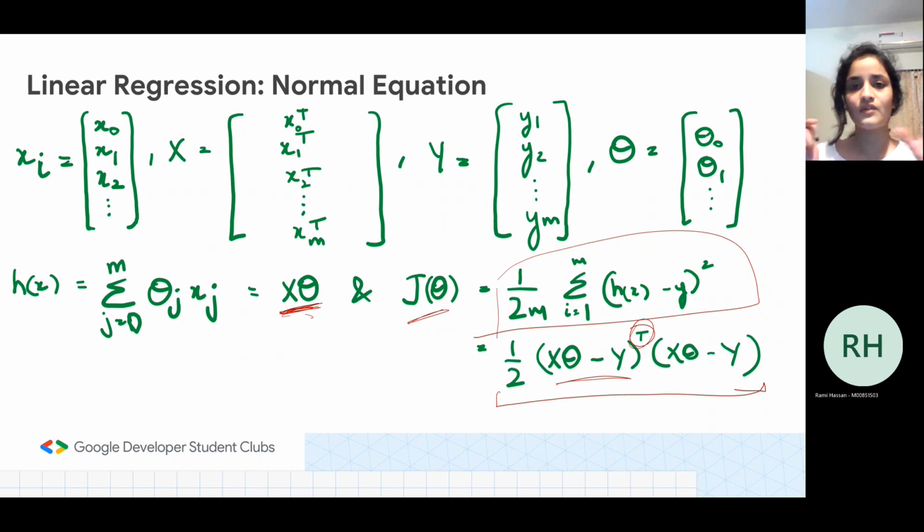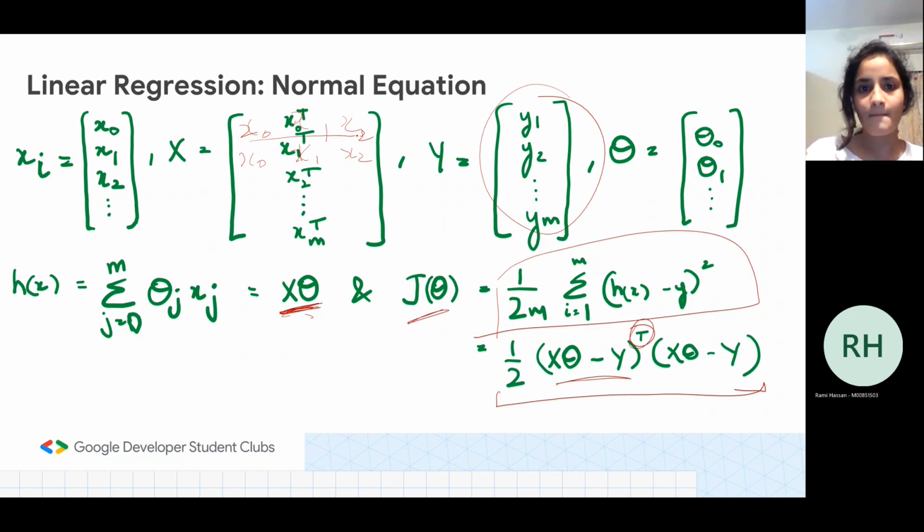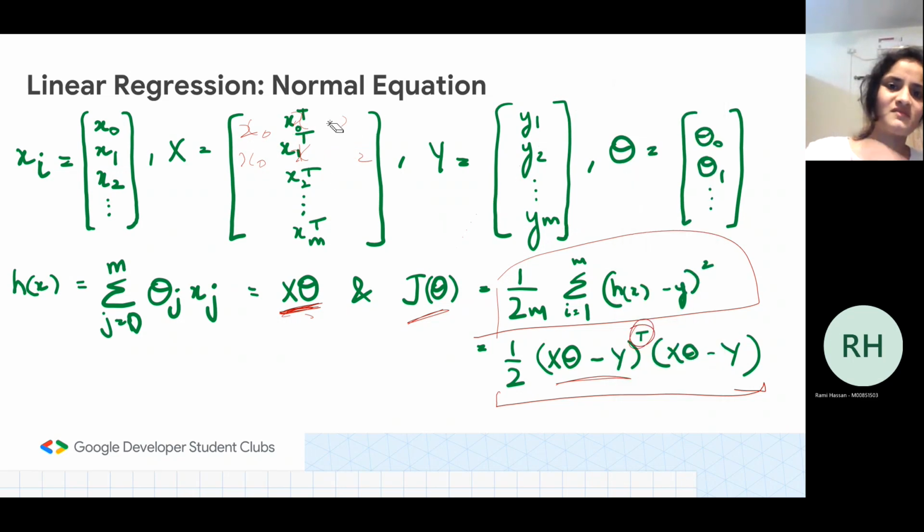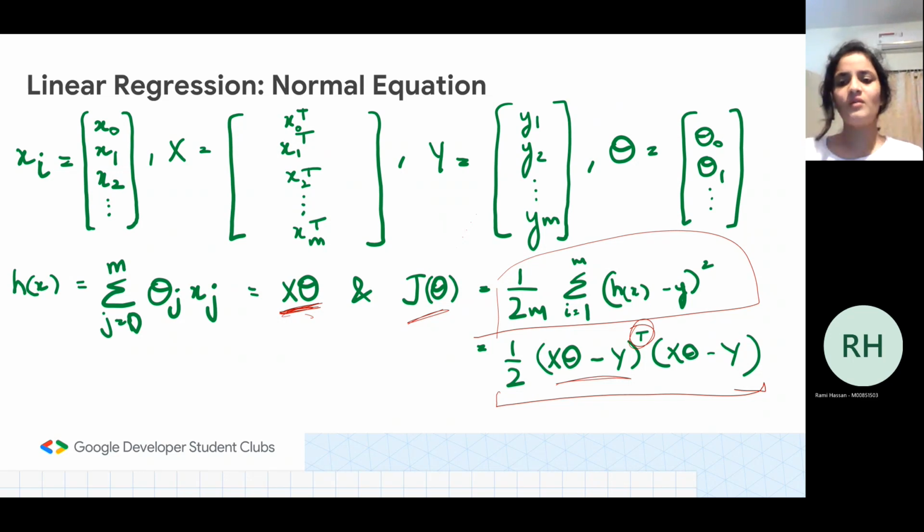So if you just write x theta minus y into x theta minus y without the transpose, you're going to multiply a row with a column, multiplying different values together.